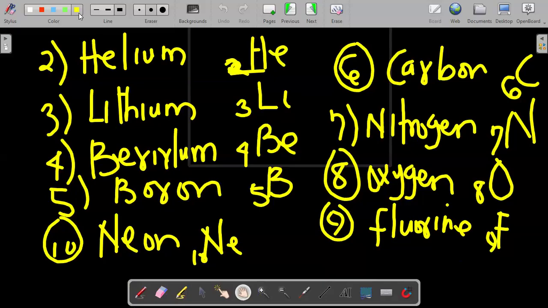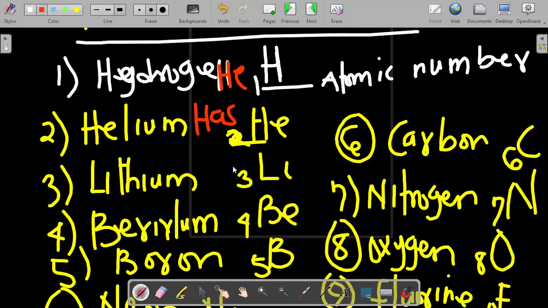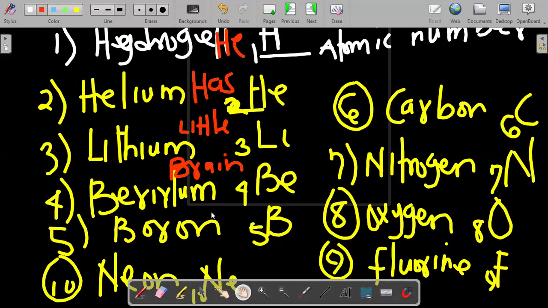They use "he" for helium. Then for lithium, they use "lithium". Then beryllium, they use "brain": it has little brain. Then boron, they use "bots".